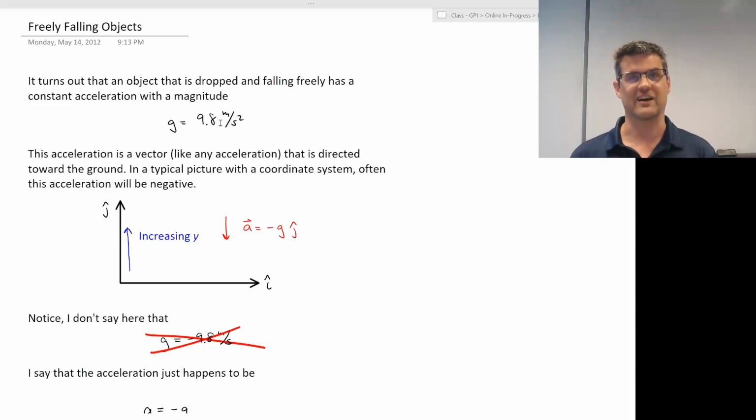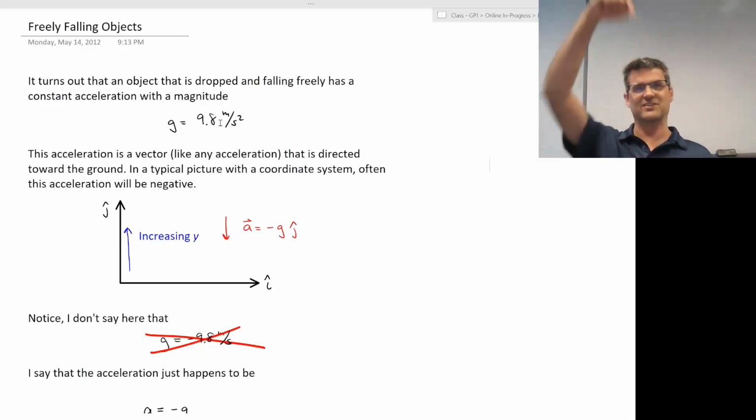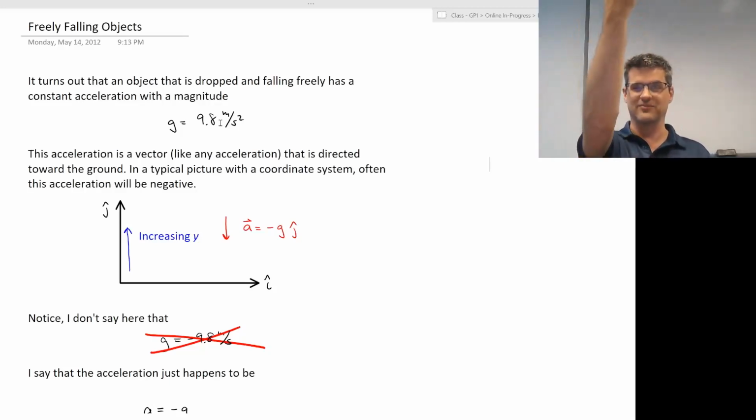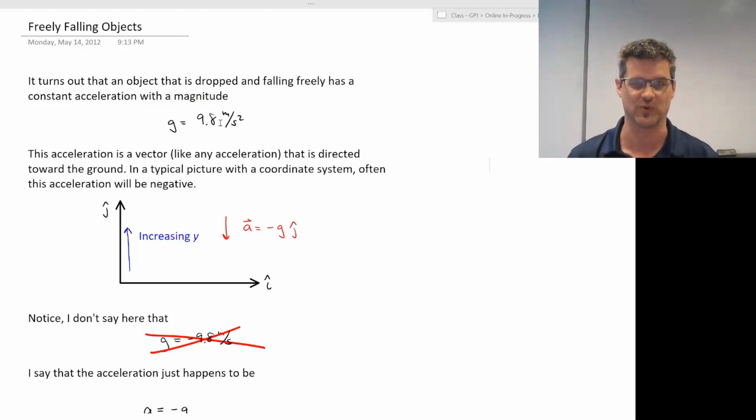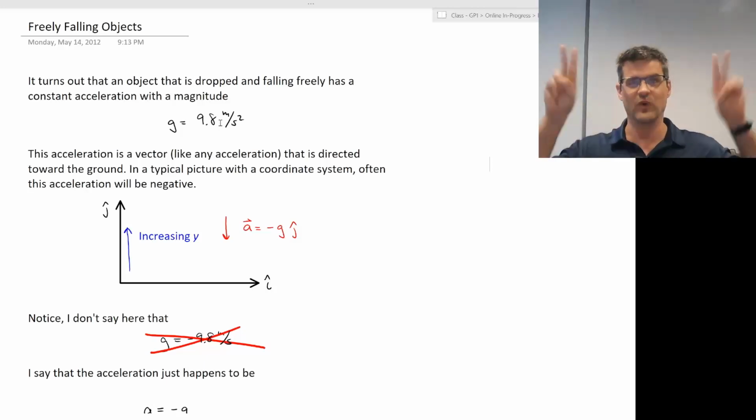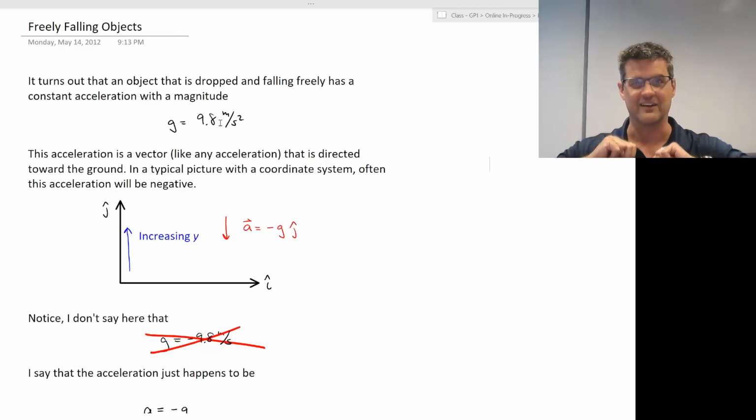It turns out that this acceleration due to gravity, the influence of the Earth trying to drag objects down toward it, causing them to accelerate, we all agree that it has a particular magnitude and that it's going to go in a particular direction. The negative sign does not get coded into what the acceleration of gravity is. It is a magnitude and magnitude only.